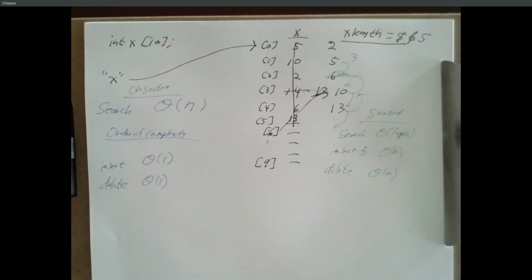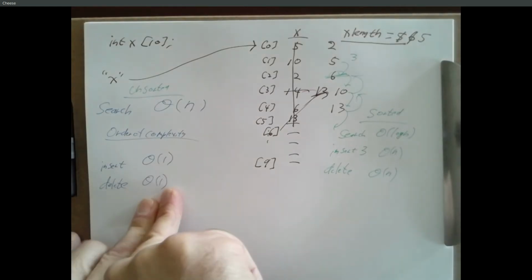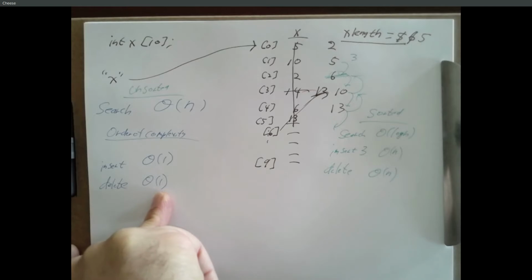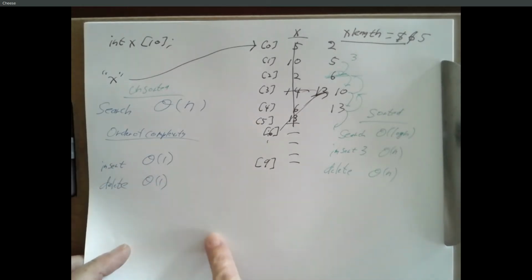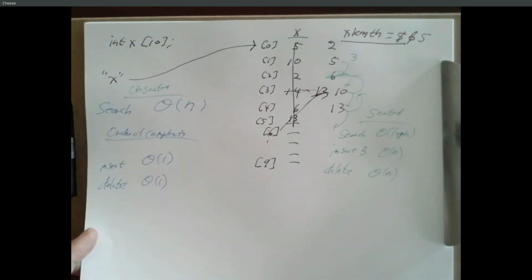So sorting our data helps us a lot with search, but it kills our performance with insert and delete. Okay, so what we want to do is look at a way to do more efficient insert and delete on an already sorted array. We want to be able to insert and delete in order 1 without disturbing the sort order. And this is not going to help us with search. Our search is still going to be order n when we're done.